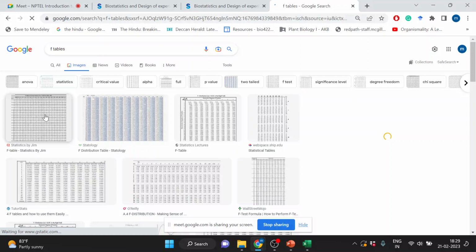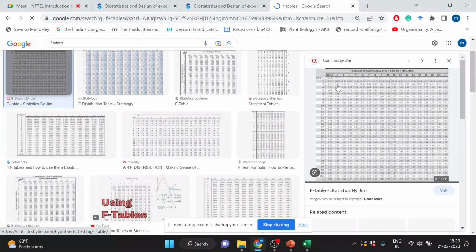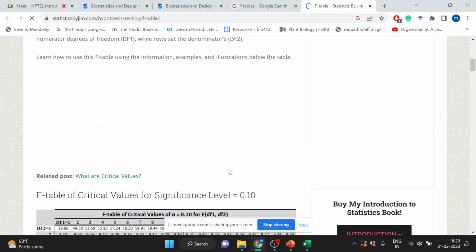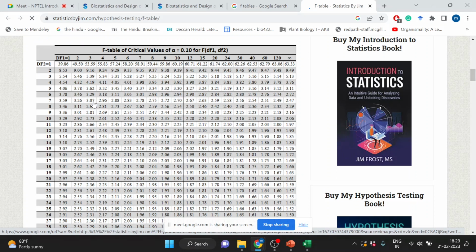So let's check some F table. There are a lot of F tables out there. Can we do it in Excel? Yeah, I'll do it. Now, this is for alpha 0.10. What we did was alpha 0.05, but what you have to do is alpha 0.10.